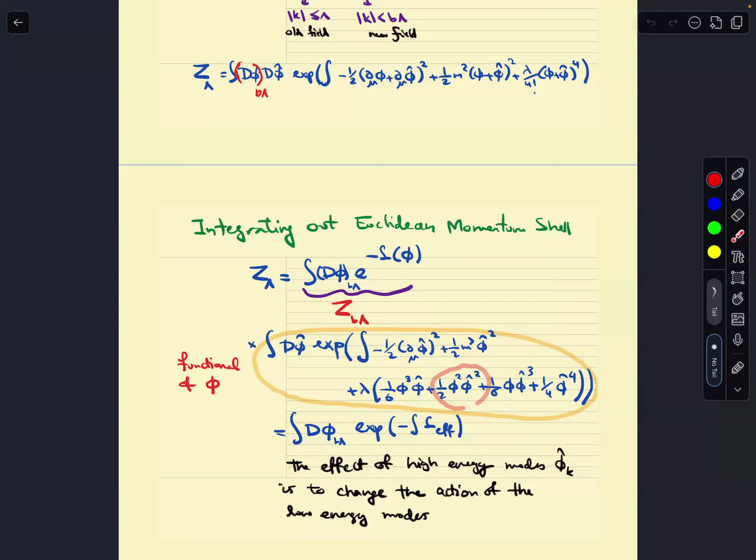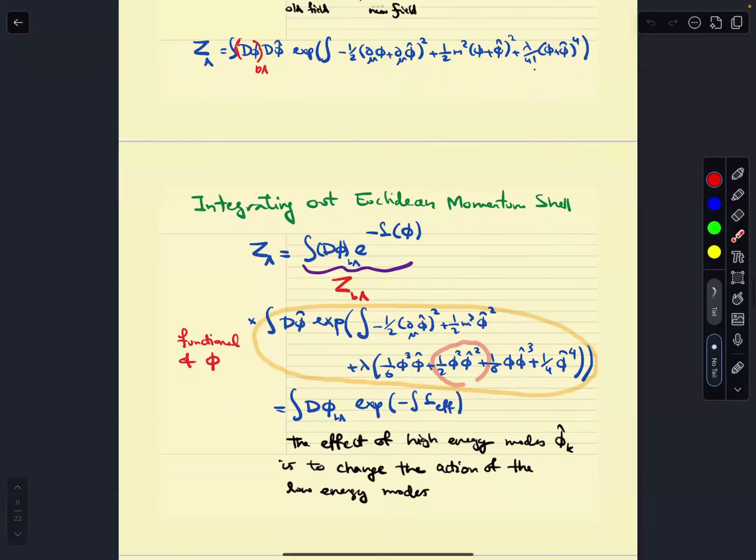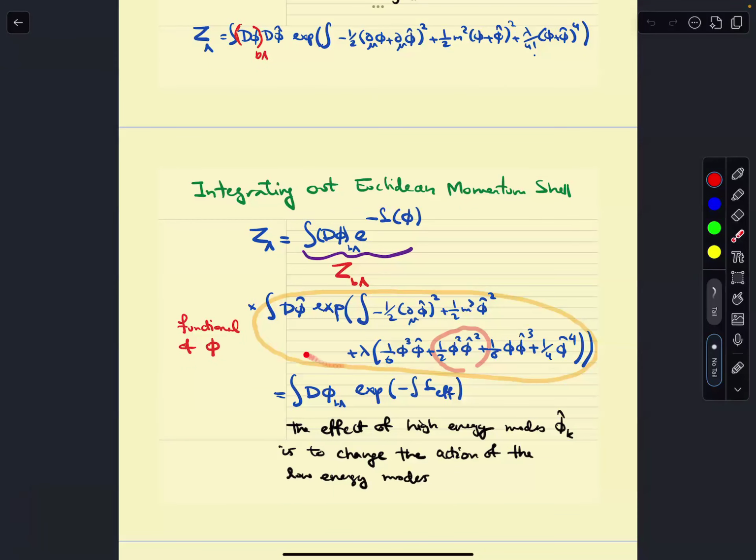Good. These are coming from the expansion of these terms. Any questions?